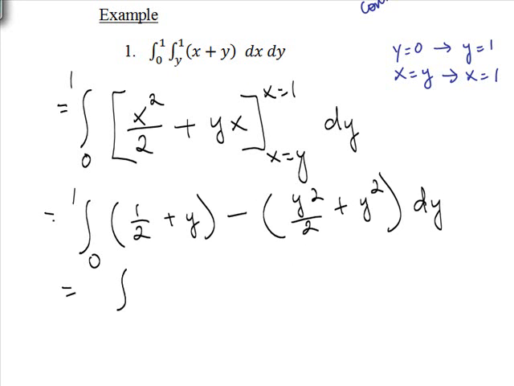Now you need to simplify this before you integrate. When you simplify, you get a half plus y minus 3 over 2 y squared, dy.